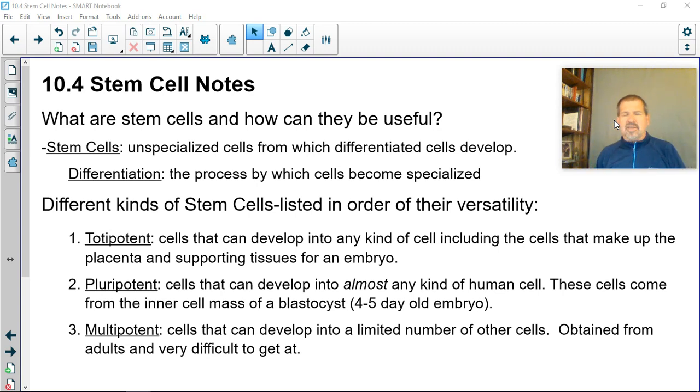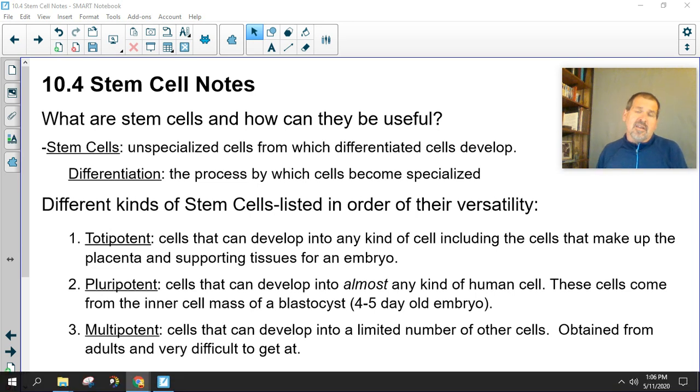So, for instance, if I break a bone and my bone gets set by the doctors and then it starts to heal, it's the multipotent cells found in my bone that can develop into the different kinds of bone tissue. But multipotent cells from bone can't develop into, say, liver or skin or muscle.